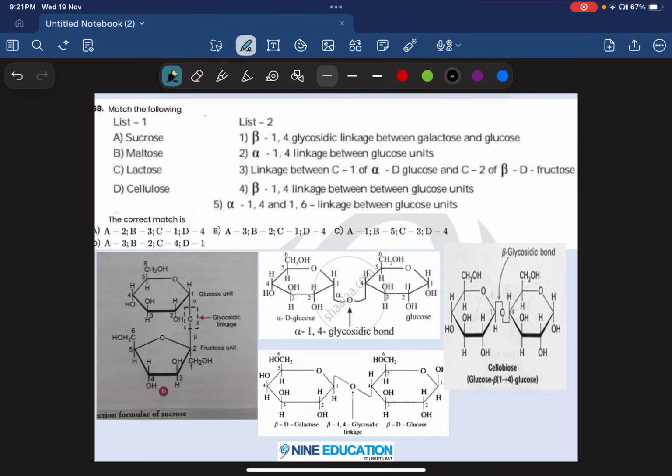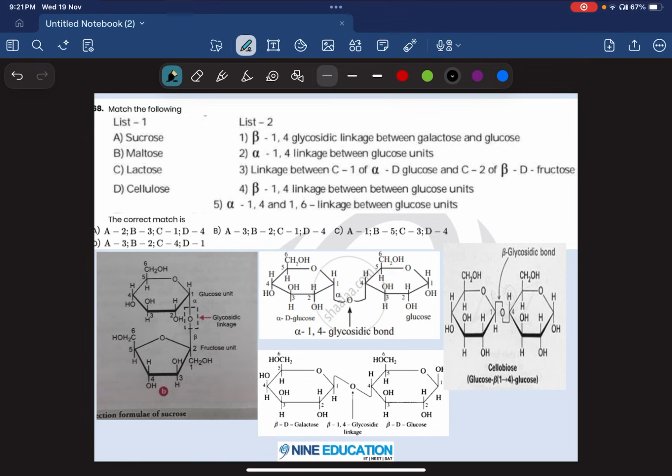Then the next question. I have pasted all the figures from your NCERT textbook here to make it easier. This is a match the following directly from the textbook. It is a theoretical question entirely: sucrose, maltose, lactose, and cellulose. You just need to know what they are made up of, then you can easily answer this question.